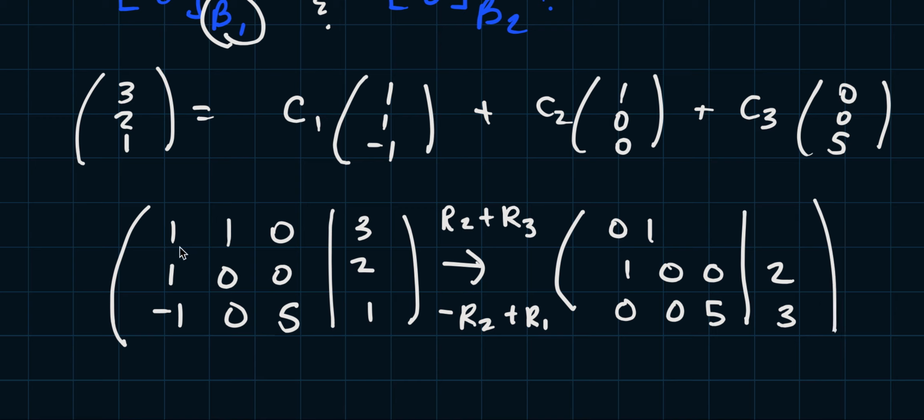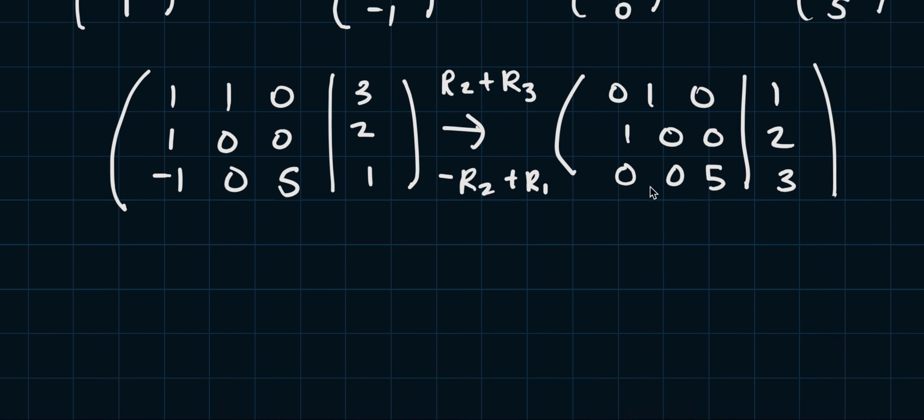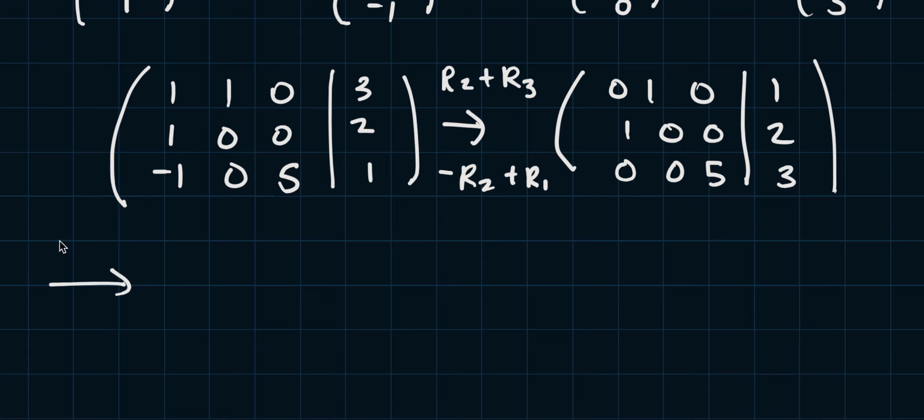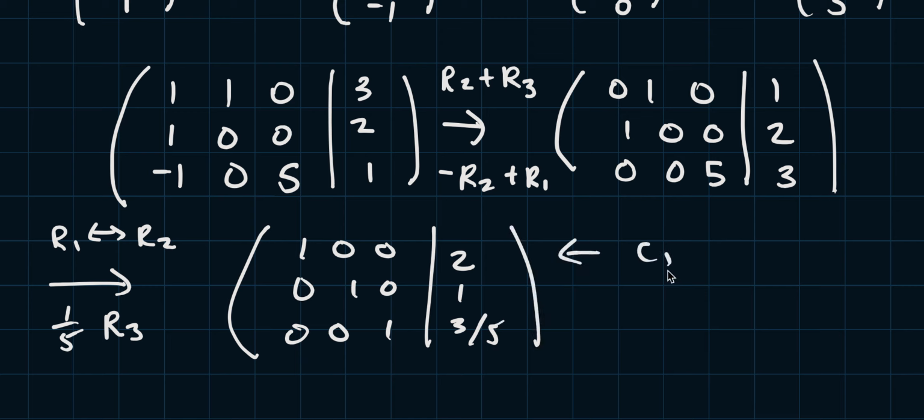And then if we subtract this one, we'll get a 1 here. Now I'm going to switch row 1 and row 2, and I'm going to divide this row by 5. So now I have C1, C2, and C3.